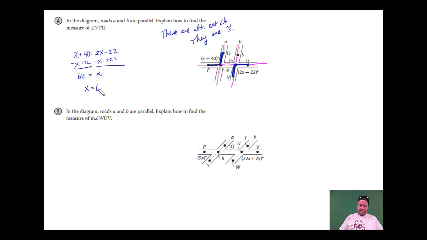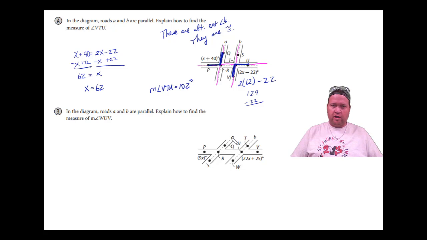The problem needs me to go find an angle for VTU. Well, if x is 62, this is 2 times 62 minus 22. So that's 124 degrees. Take away 22. So the measure of angle VTU is 102 degrees.